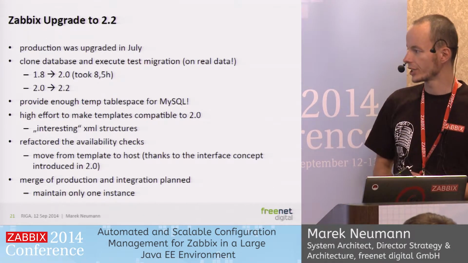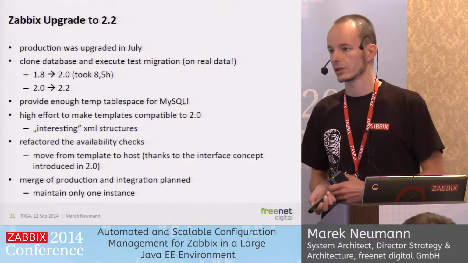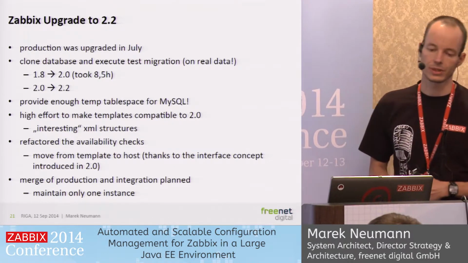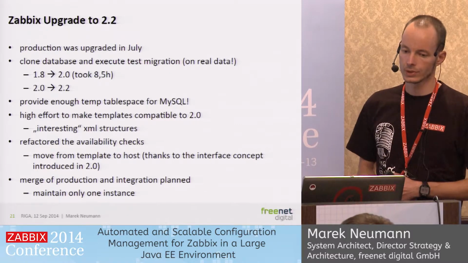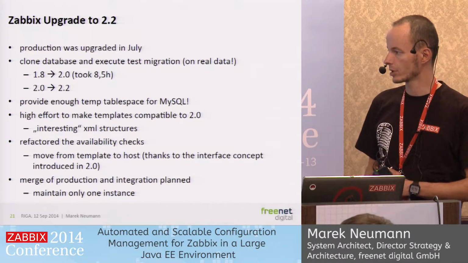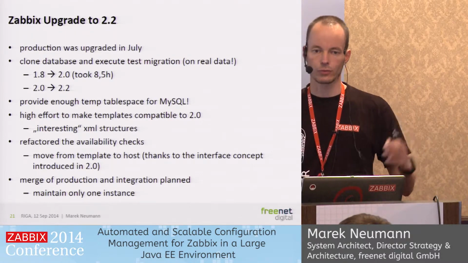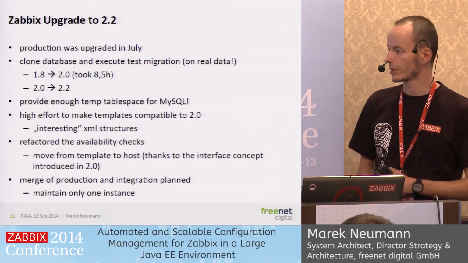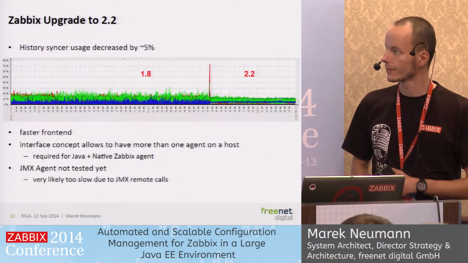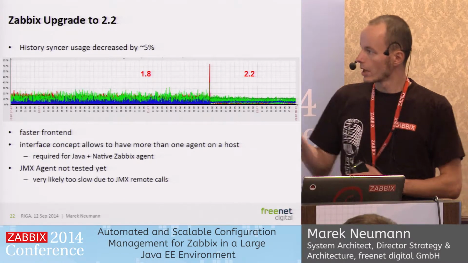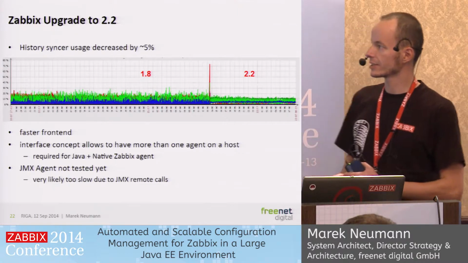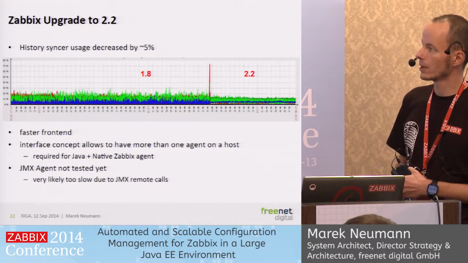So that makes it much easier thanks to the interface concept which was introduced in Zabbix 2.0. And we also plan to merge our production instance with the integration instance so that we only have one central Zabbix server. That makes maintenance much easier.